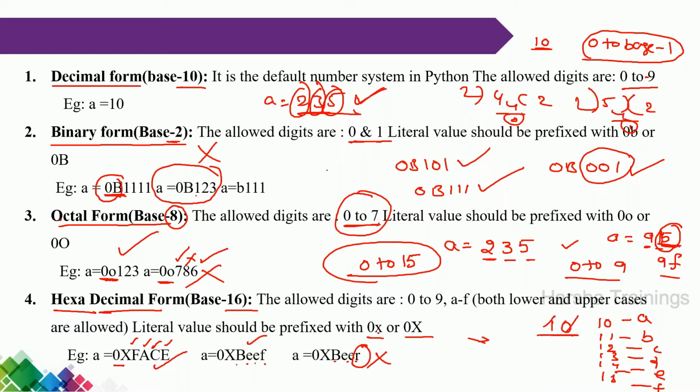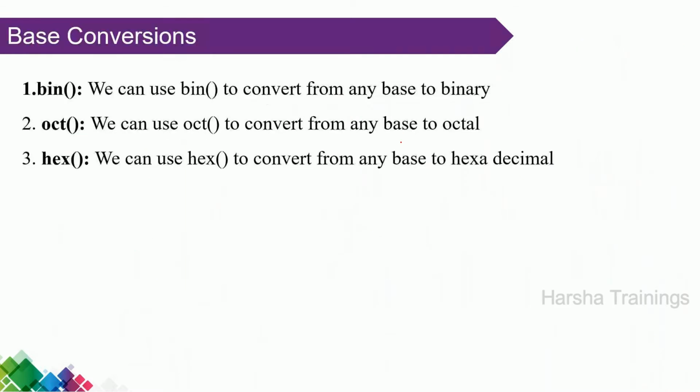Okay. These are the different types of integer numbers. Now the thing is conversion. Suppose I give you a decimal number, how do you convert it into binary?